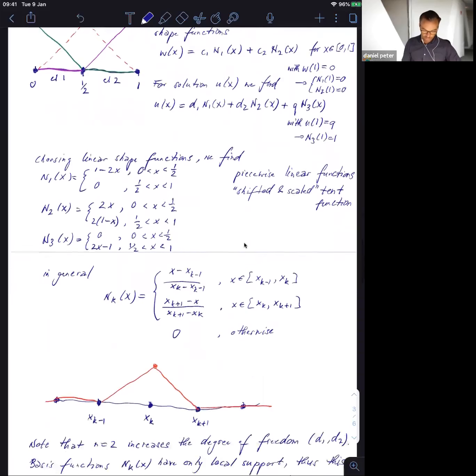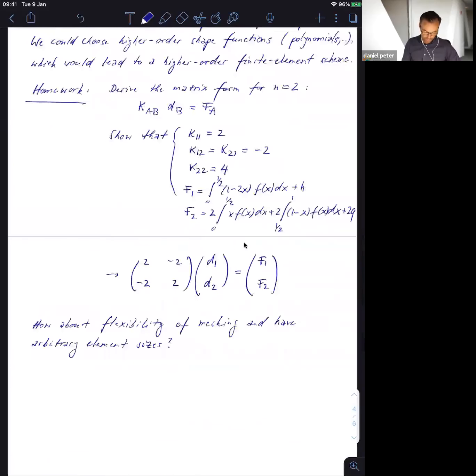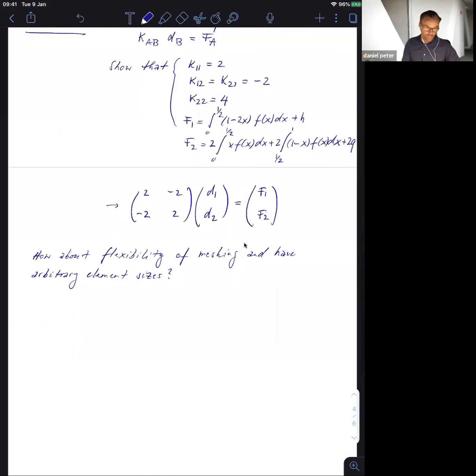So let's see how that would look. The idea basically is to have a global versus local view. And let me come to the definitions of what we mean by global and local.